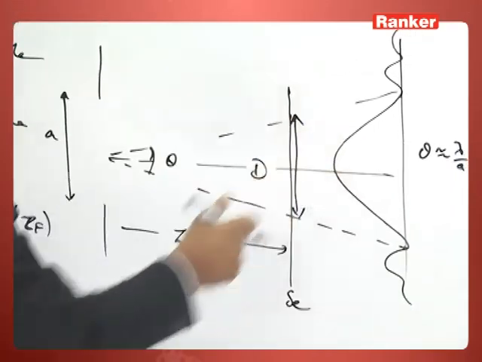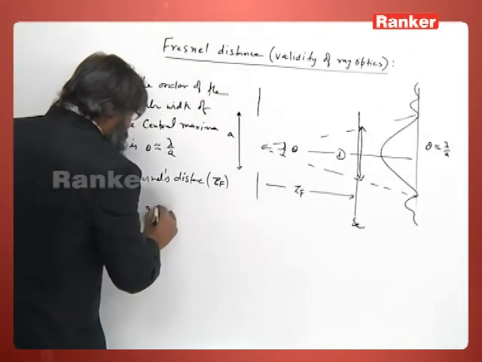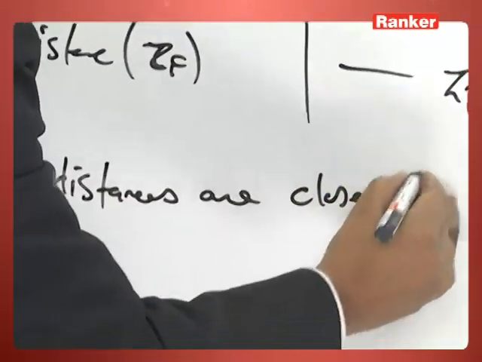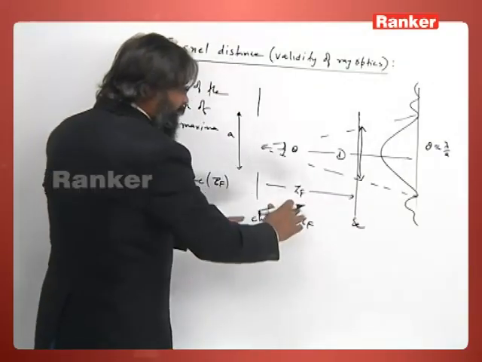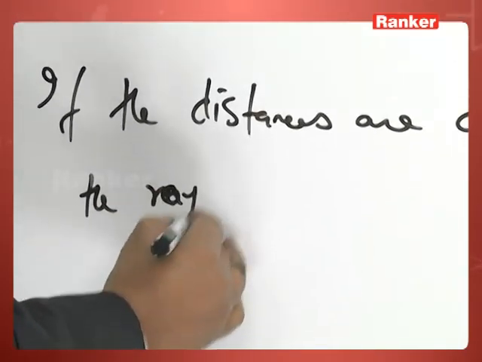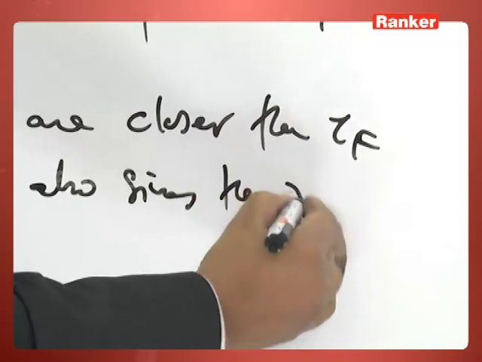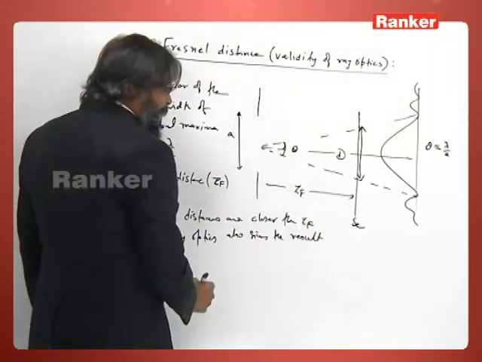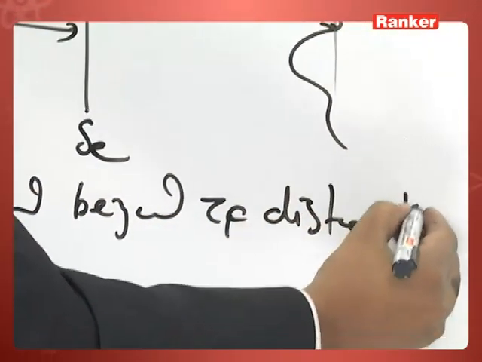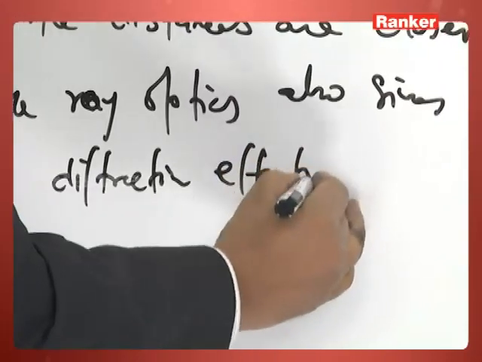What is this width here? That width will be this A. So if the distances are closer than ZF, the ray optics also gives the result, and beyond ZF distance, the diffraction effects dominate.